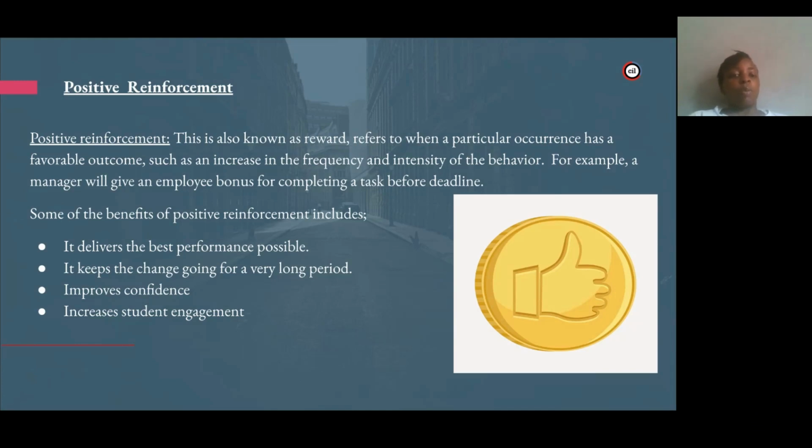You're supposed to get up, maybe brush your teeth, have your bath, and start your daily activities. But since you already snoozed like 10 minutes, like twice, it will actually take you backward. So we should tend to avoid the negative reinforcement. Do what you're supposed to do at the right time, so it will help you to keep your change. It will keep you going for a very long period.